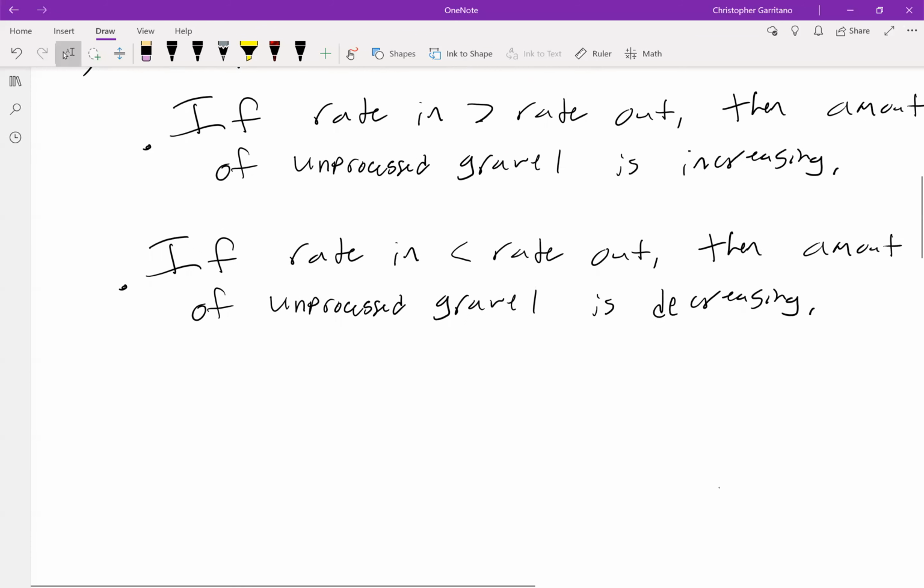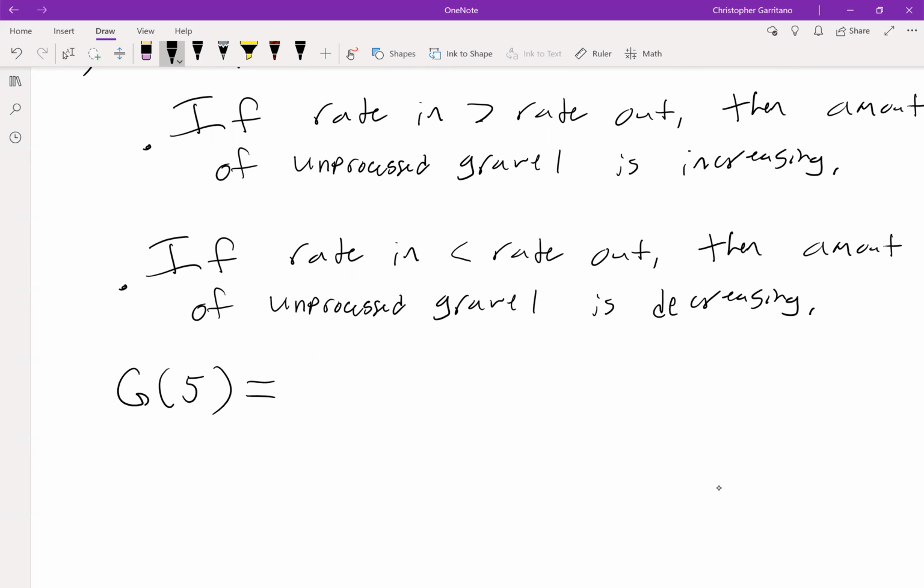So really, we're just going to evaluate G of 5 to get the rate in at this particular time. I'm going to take a moment and do that with my calculator, since this is a calculator problem.